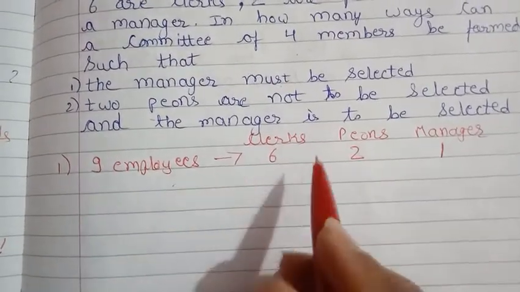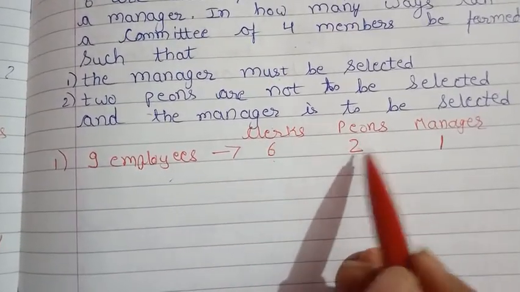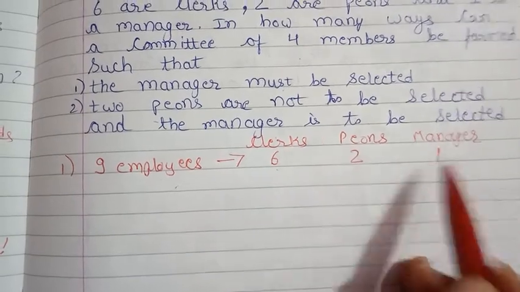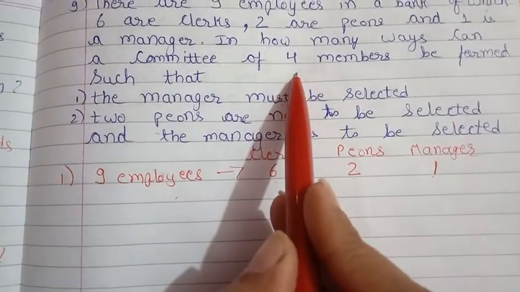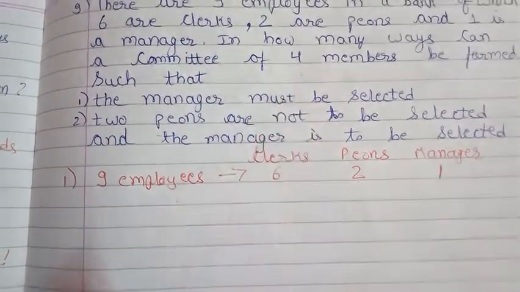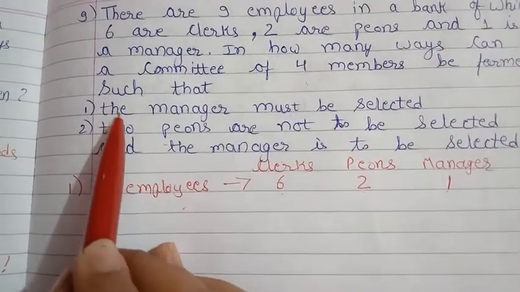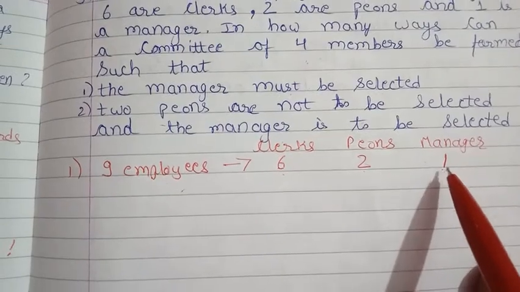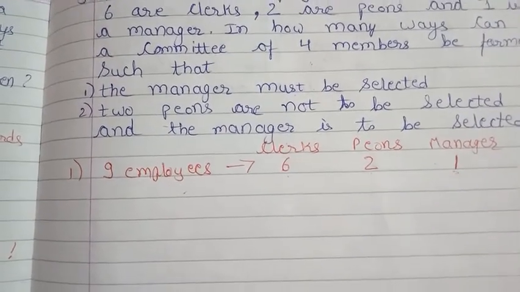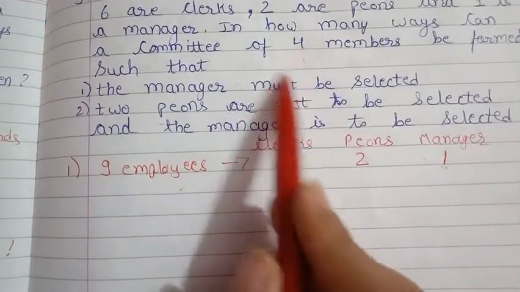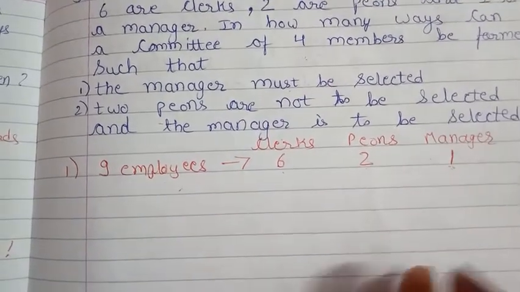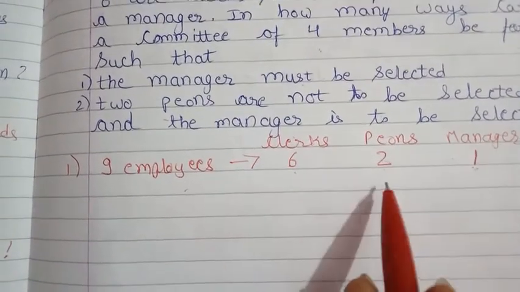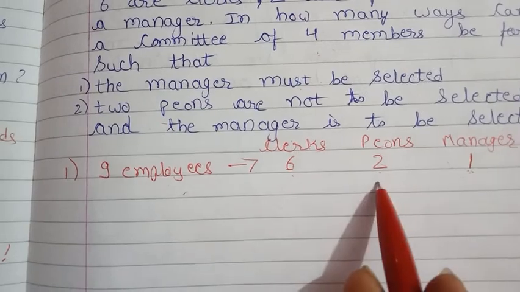Total 9 employees we have, from which we have 6 clerks, 2 peons, and 1 manager. We have to make a committee of 4 members, right? So the first condition we are taking is that the manager must be selected. That is, from this one manager we have to select this manager. So of the 4, one is already the manager, so the remaining 3 we have to select from the rest.